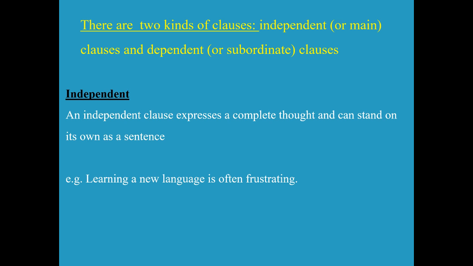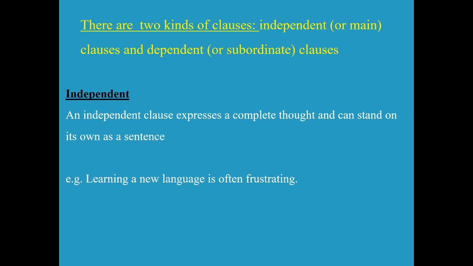Now, when we say independent clause, it doesn't have to be one whole sentence, okay? It can be a part of one sentence. For example, here you can see: learning a new language is often frustrating. We are going to use this sentence for all of the other explanations so that it will be easier to follow.